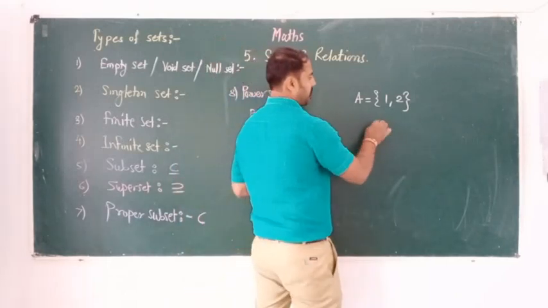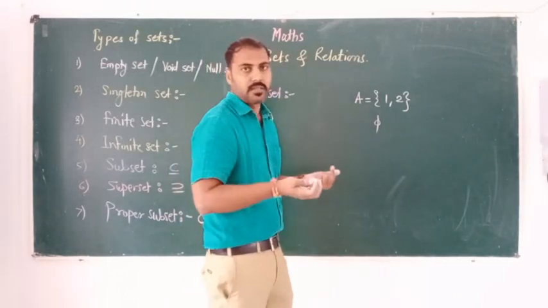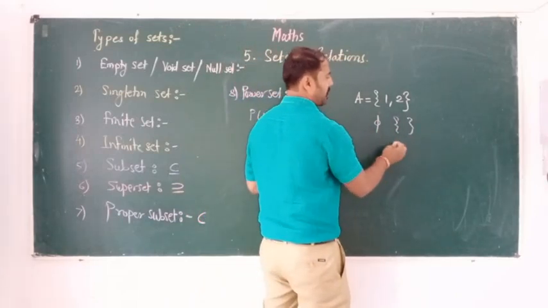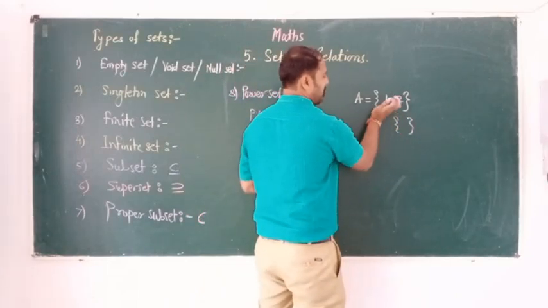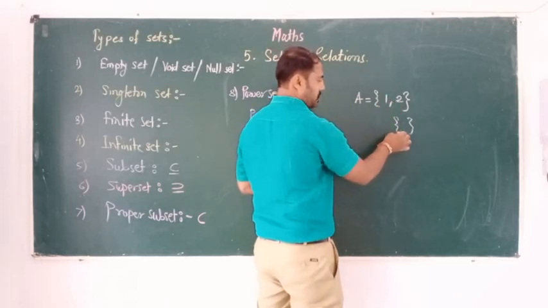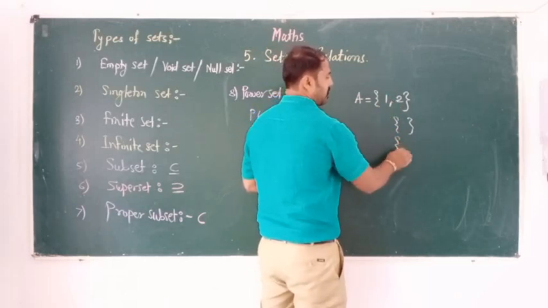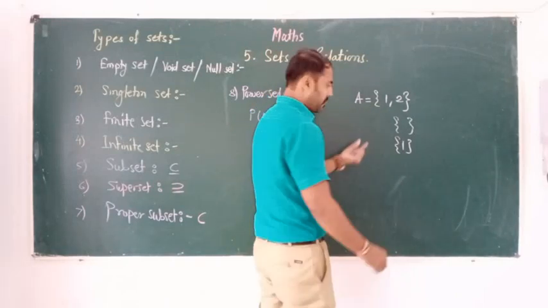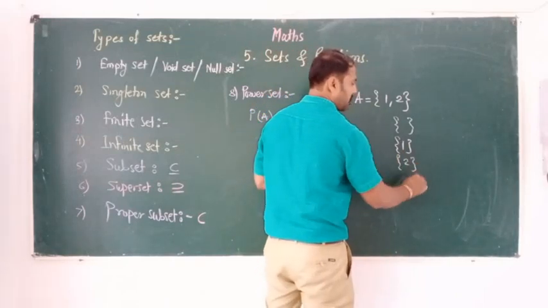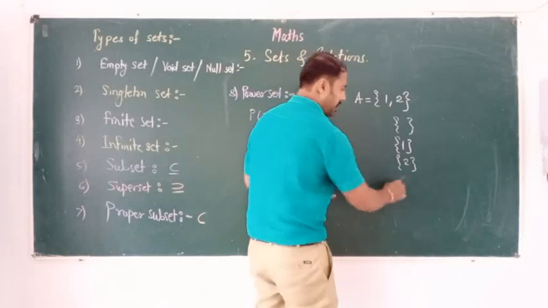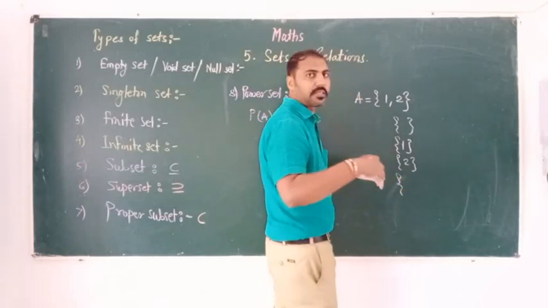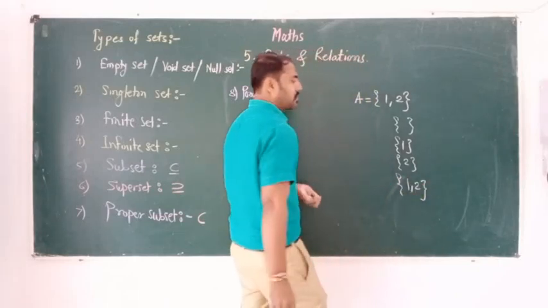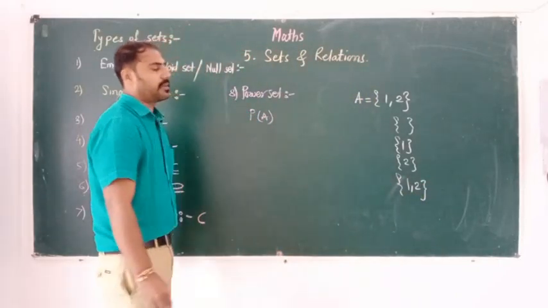Yes, clearly phi is subset of all sets. So phi is there, or you can write only curly brackets which is empty. This is the first set. Second one, {1} is also subset of set A. {2} is also subset of that set. And remember, itself is also subset. So the set {1, 2} is also subset of A.